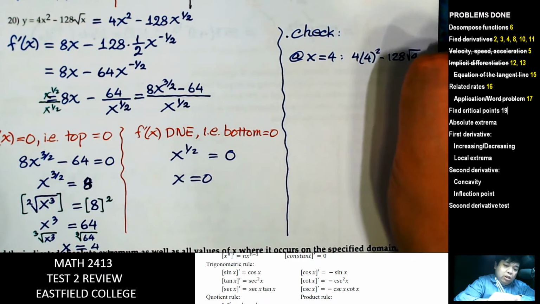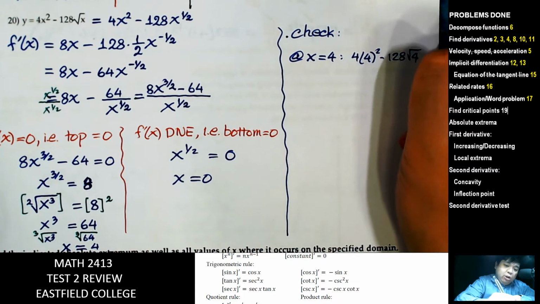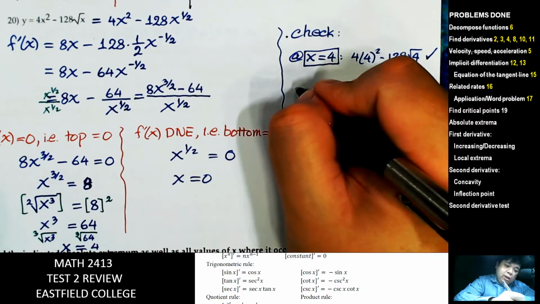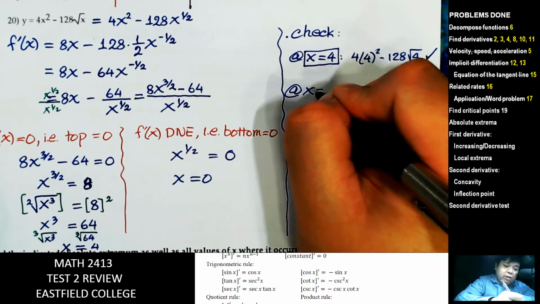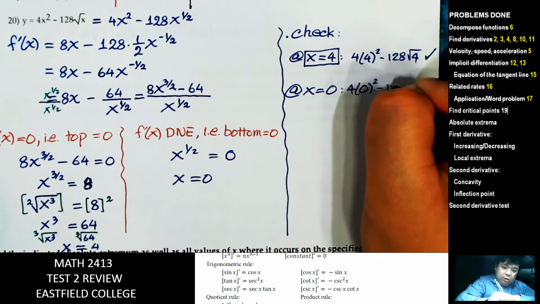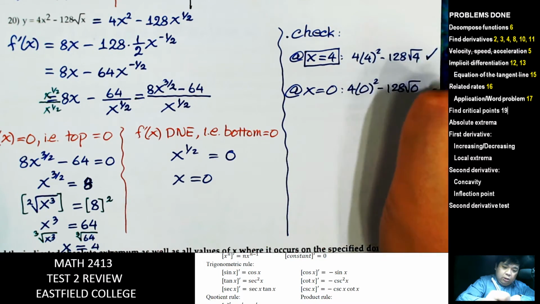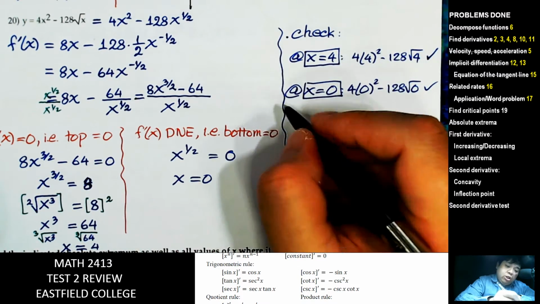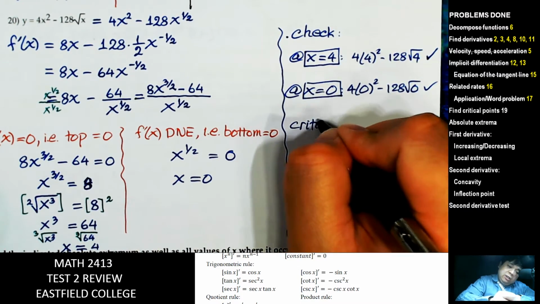The square root of 4 is 2, so we can do that. So this is defined. So this one's good. And we do the same for 0. So critical points, those two.